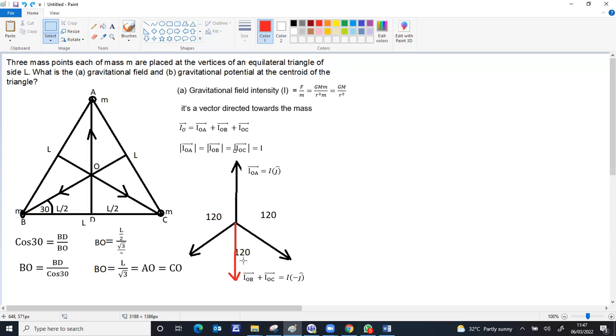I OA is I along j cap, and I OB plus I OC is I along minus j cap. Those two are equal and opposite, so they get cancelled. So the net gravitational field intensity at O is 0.